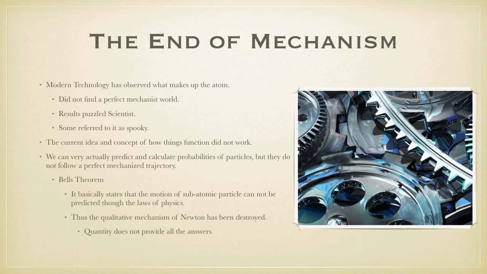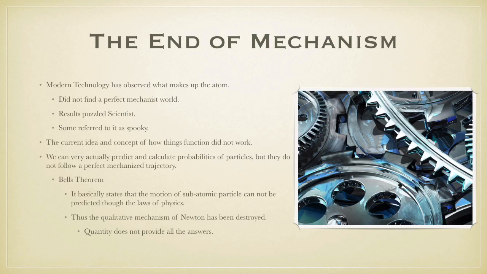One of the bizarre findings upon examining subatomic particles was that though we were able to, with extreme accuracy, predict and calculate the probabilities for the projection of particles, they do not necessarily follow a perfect mechanized trajectory. This led to the creation of what has been called Bell's theorem. This theorem basically states that the motion of subatomic particles cannot be predicted through the laws of physics.